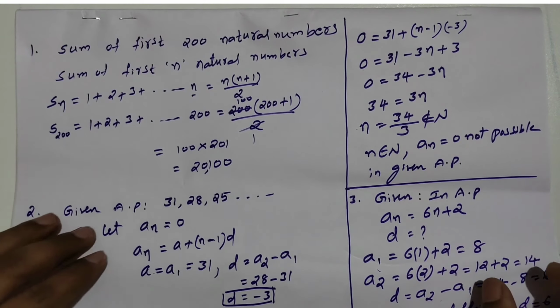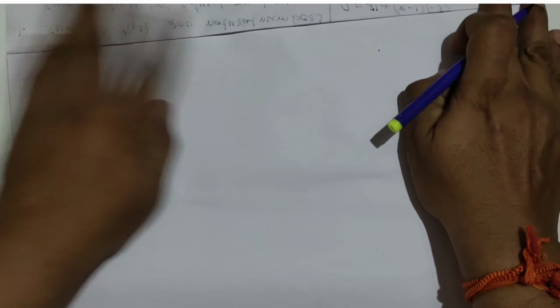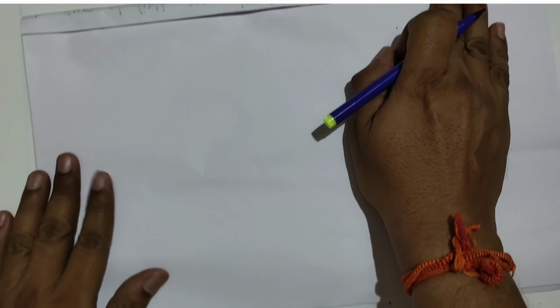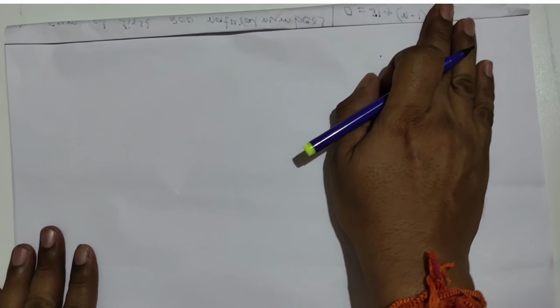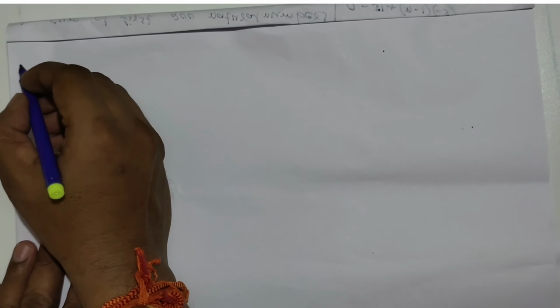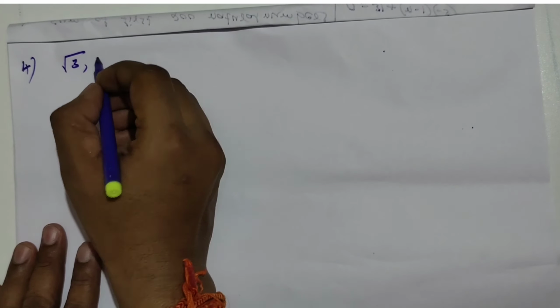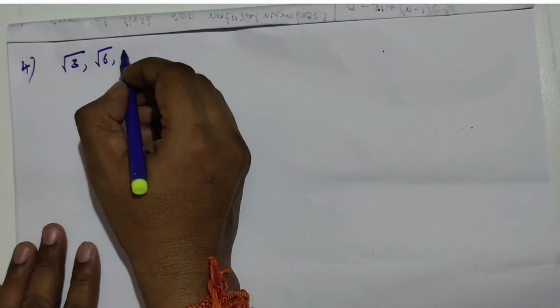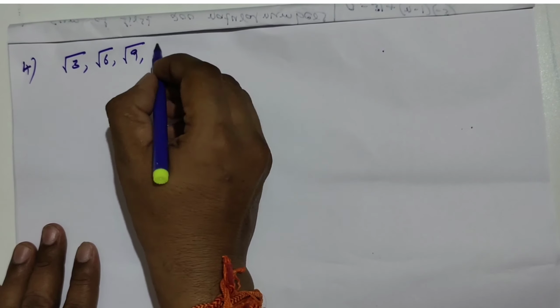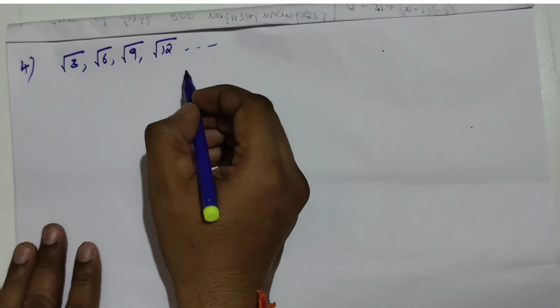Okay, and the next one, fourth one: the sequence root 3, root 6, root 9, root 12. Is it an AP or not?